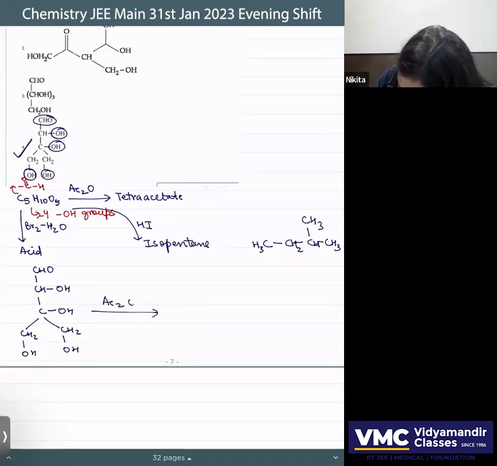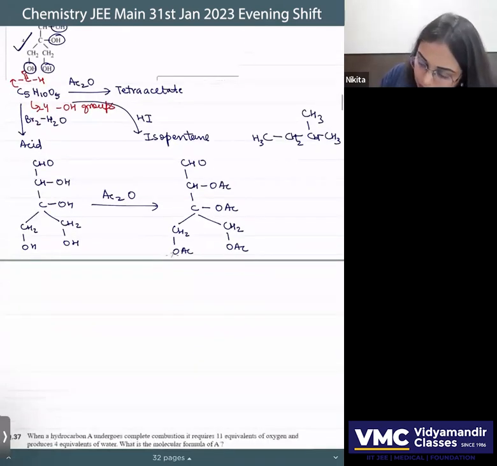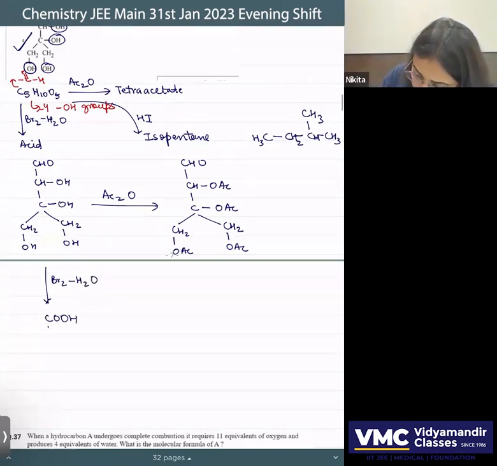On reaction with acetic anhydride, this will be the product obtained. When we oxidize this compound with bromine water, we get a carboxylic acid.